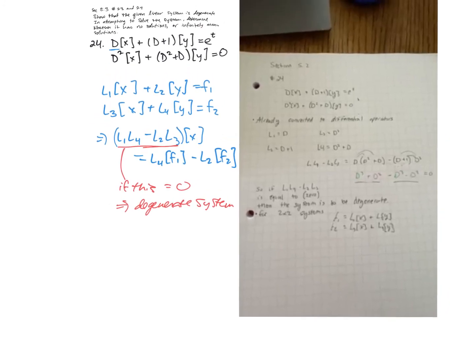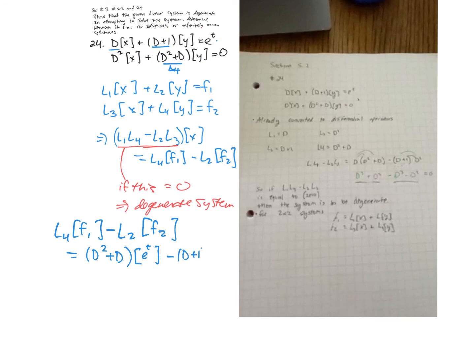So for our problem, L4 F1 minus L2 F2 would equal, so L4 is this one, D squared plus D operated on F1, which is the right-hand side in the top, so e to the t, minus L2, and that's this one. We're working with those because we eliminated y.